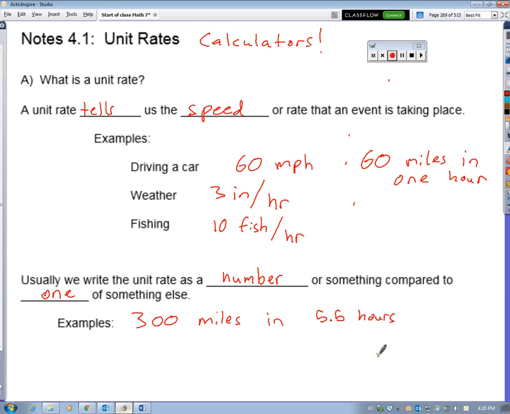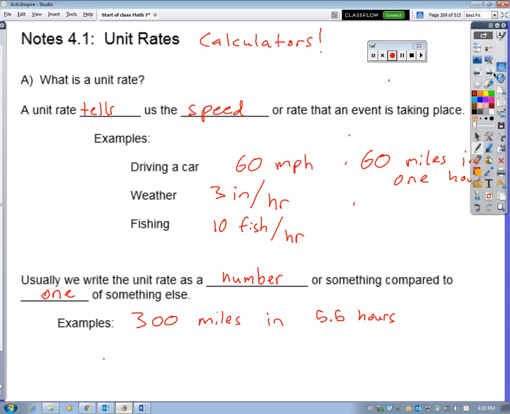Okay, we just don't talk like that. Alright, if someone wants to know how fast you're going, you would not tell them this. You would give them a speed, 60 miles an hour, 40 miles an hour, 55 miles an hour, okay? If you say something like this, you're going to be a weirdo, and you might not have very many friends, alright? And I don't want that to happen to you guys. I want you guys to have friends, so we're going to learn how to talk in unit rate so that you can have some friends, okay?